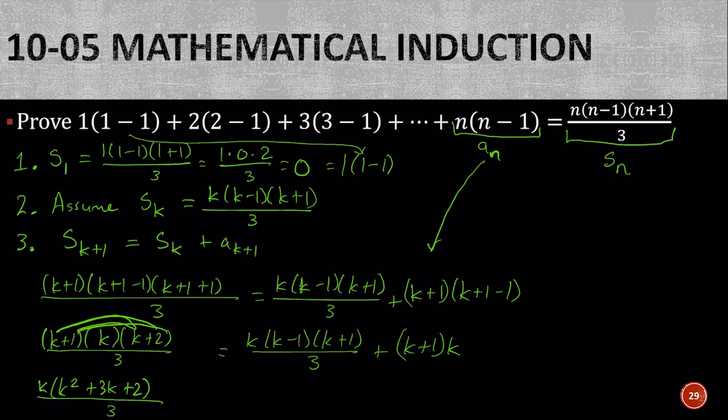Boy, I'm going to run out of space. Again, I'm going to multiply the binomials first. So that would be k squared. That is 1k, that's minus 1k. Cancels out. Minus 1.